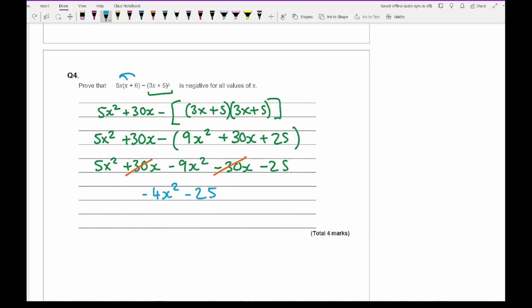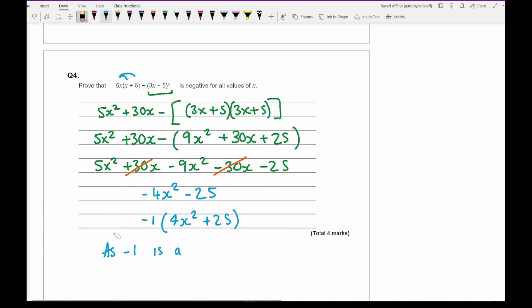And then I can factorize these two, in which then I have got minus 1, and then I've got 4x squared plus 25. So then we can say, as minus 1 is a factor, well, actually, it's going to be a factor, I would probably go for that. So let's just write that down.